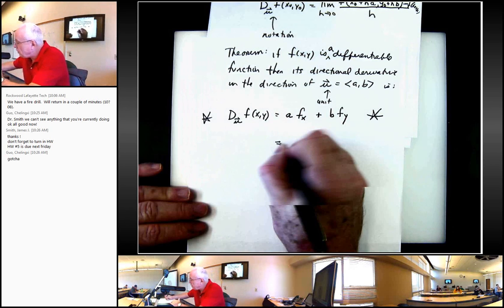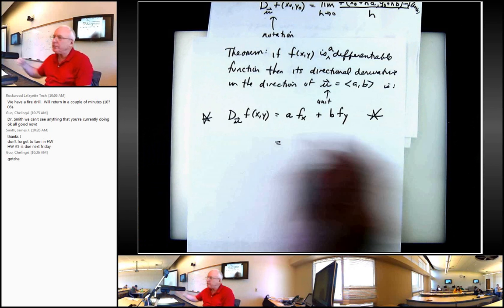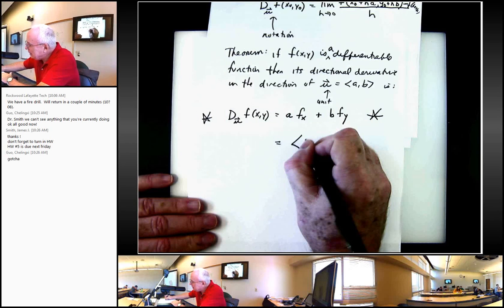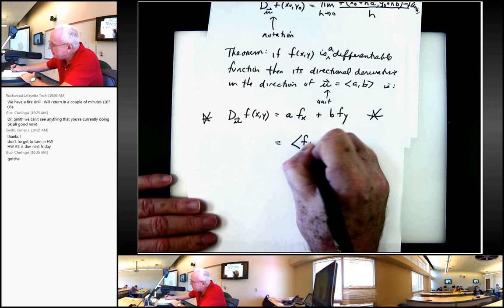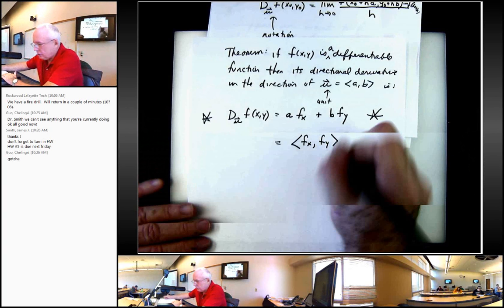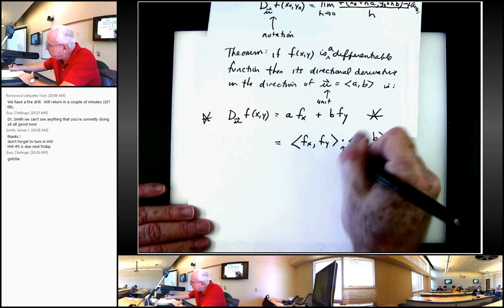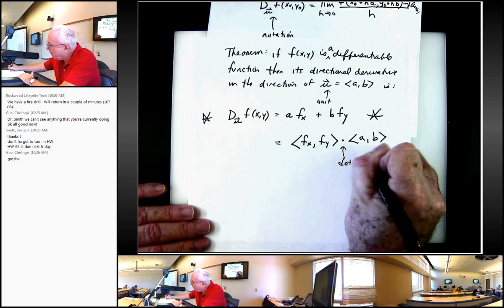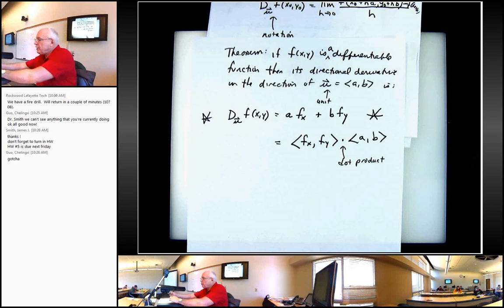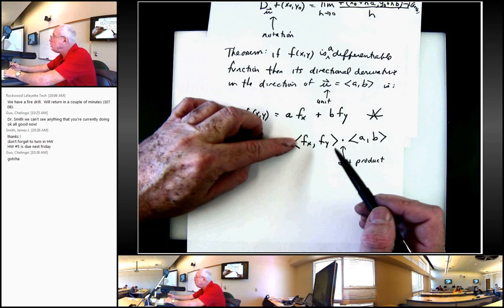Now there's another way of writing this. Another way I can write that very same expression on the left is this. Let's look at this. (f_x, f_y) as a vector dot (a, b). Now this is the dot product. Remember how we calculated dot product? We just multiply together the corresponding components.